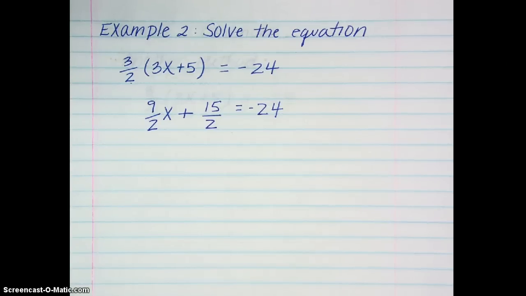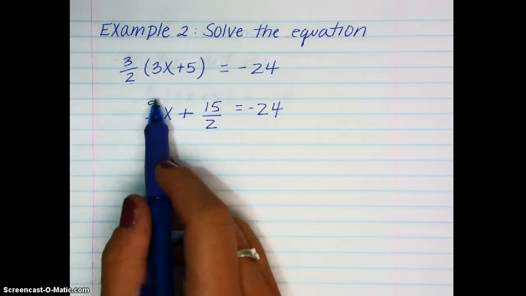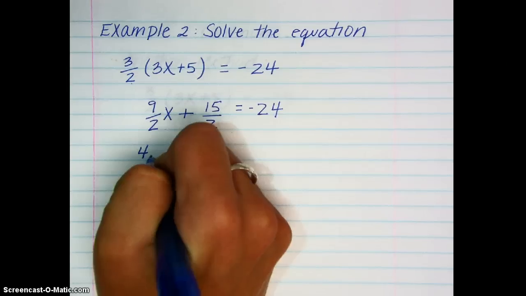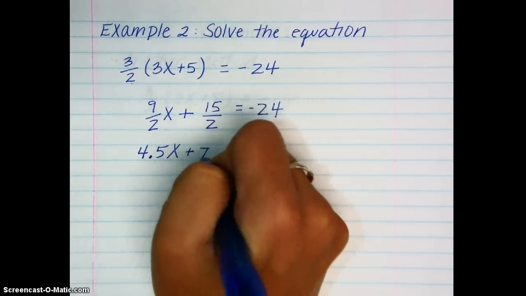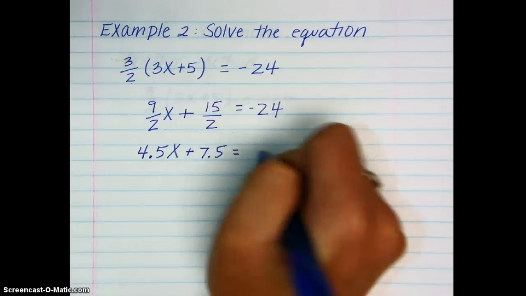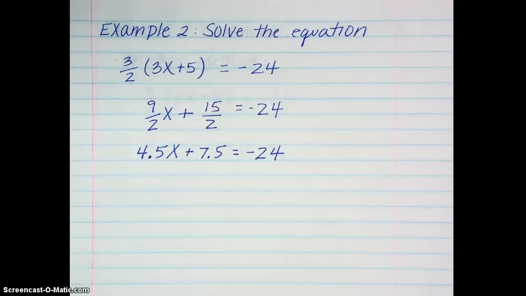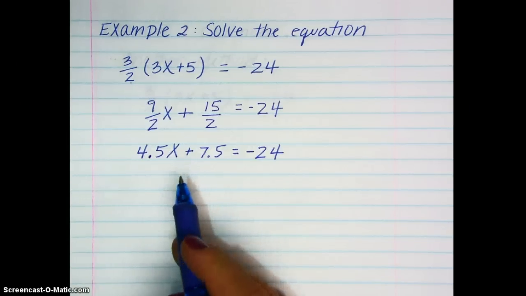At this point, what you might want to do is go ahead and turn these fractions into decimals. In this case, 9 halves is a terminating decimal, 4.5. And then same with 15 halves is a terminating decimal, so we can turn those into decimals. That might be your best bet in this case. From here, we solve for x. So again, the first step is to take care of the parentheses.